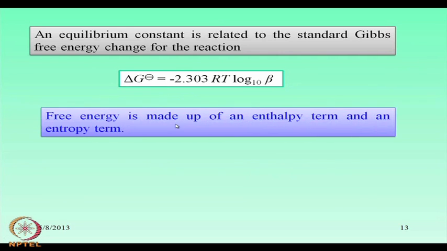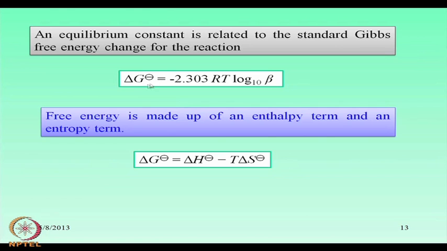such that the free energy is made up of an enthalpy term and an entropy term, that we all know, that it has two parts. So how this delta G0 takes up its individual contributions from the entropy term and the enthalpy term, that we will see if we monitor or equate these delta G0 values with the delta H0 value or the minus T delta S0 values for the different standard conditions.